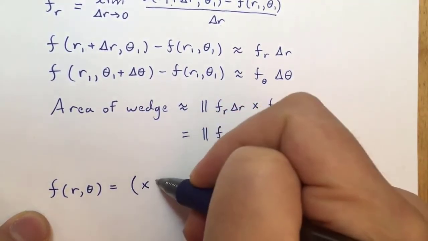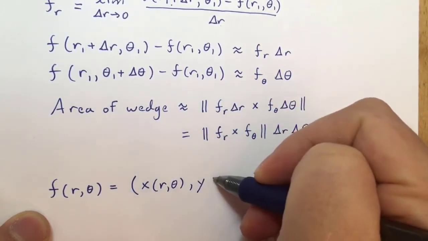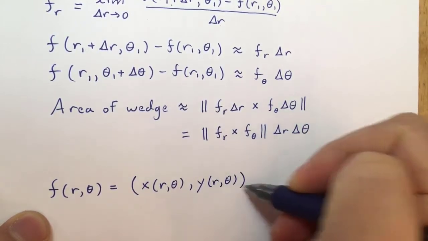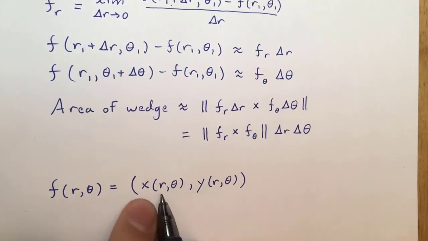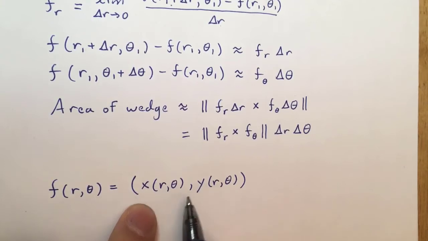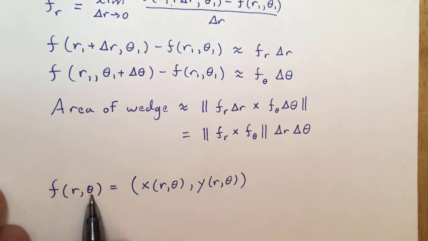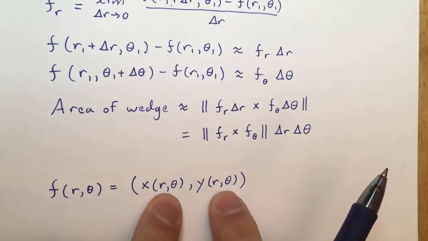Its x coordinate depends on r and theta, and its y coordinate depends on r and theta. So in the end we'll get an x and a y, but each x and each y are functions of r and theta. So the function f really depends on 2 other functions, the x function and the y function. So we put in 2 coordinates, and then in the end we get out 2 coordinates.